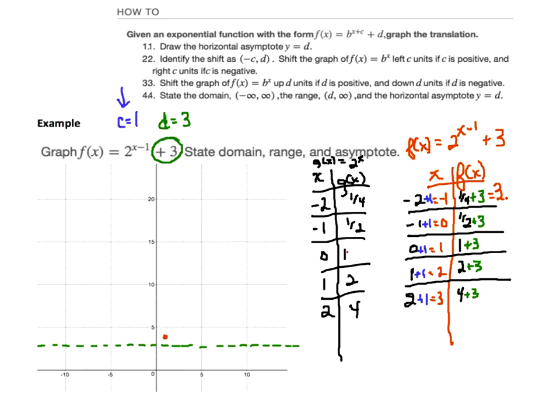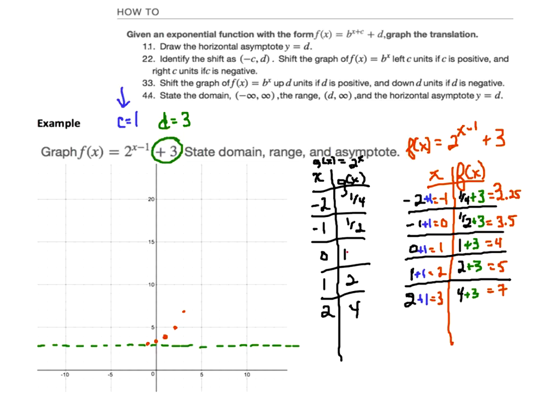This is 3.25, 3.5, 4, 5, 7. Okay, so I have the point (-1, 3.25). It's about right here. Then I have (0, 3.5). There's my (1, 4), (2, 5), (3, 7).